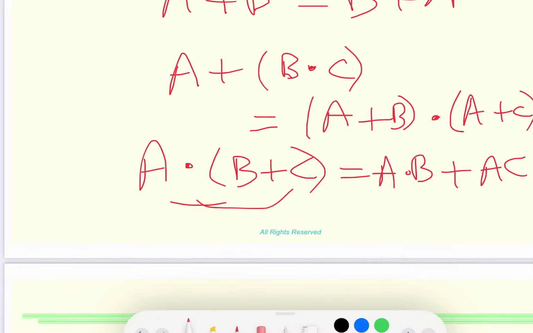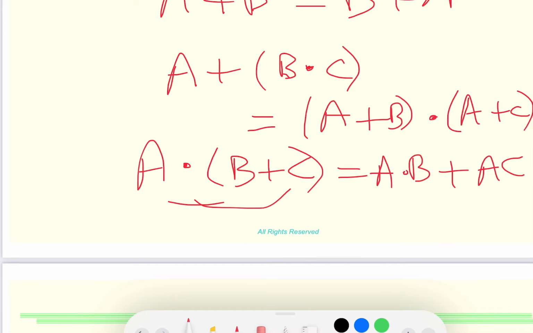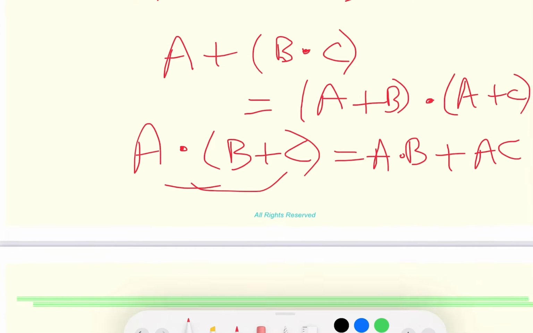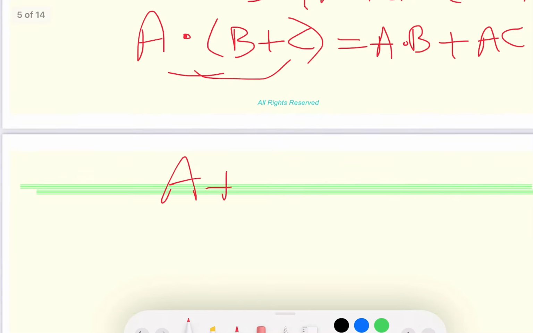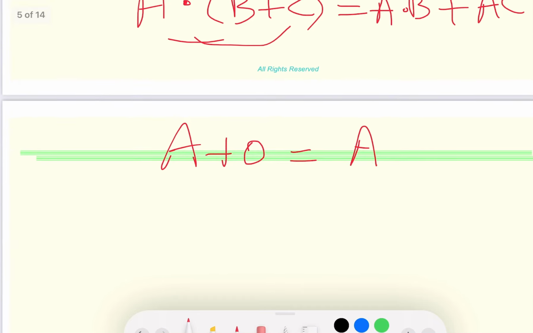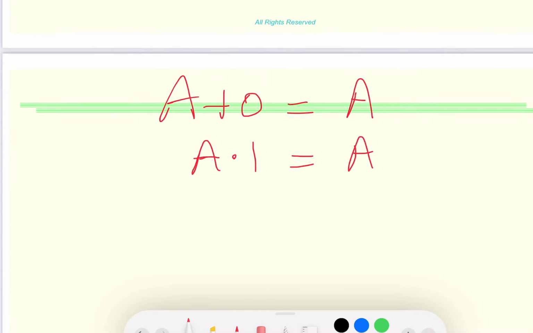That's the distributive law. And if you OR a 0, that doesn't have any effect. If you do the AND operation with 1, you get the input back. So those are the identity laws.